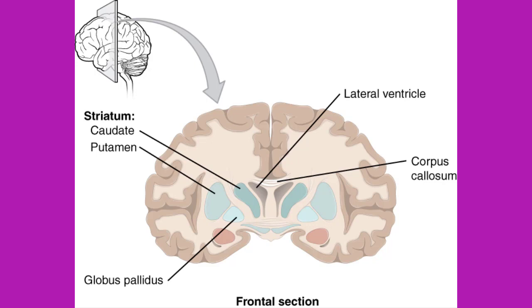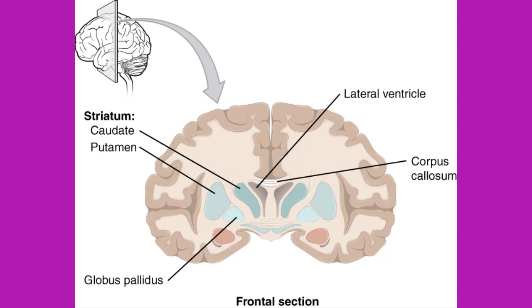The caudate is a long nucleus that follows the basic C shape of the cerebrum from the frontal lobe through the parietal and occipital lobes into the temporal lobe. The putamen is mostly deep in the anterior regions of the frontal and parietal lobes. Together, the caudate and putamen are called the striatum.